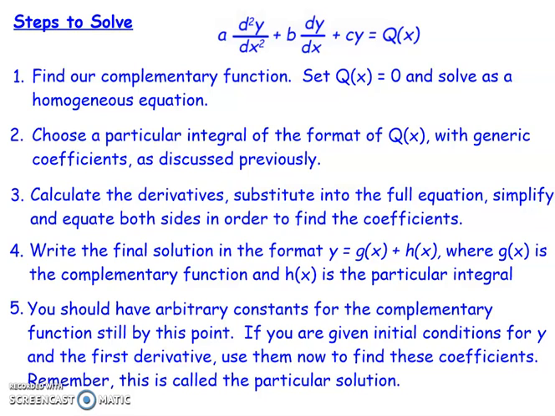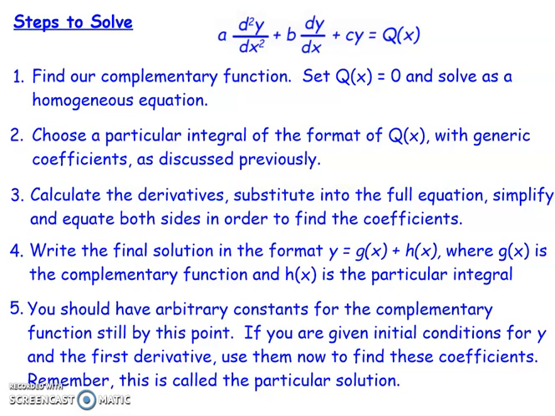and this will help me find my coefficients. The q of x on the right will have actual numerical values. The equation on the left won't. It'll have arbitrary coefficients. So this allows me to then find these. What we then do is we write our final solution in the format y equals g of x plus h of x. So g of x is a complementary function, h of x is a particular integral.